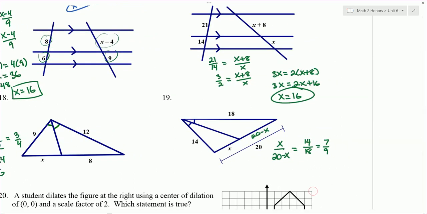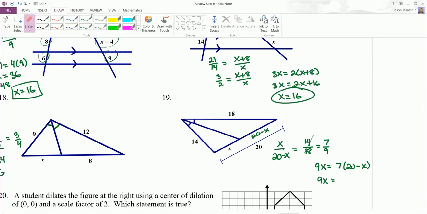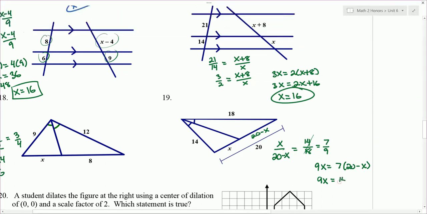And then kind of ignore the middle fraction and cross multiply. 9 times x is 7 times 20 minus x, or 9 times x is 7 times 20, which is 140, minus 7x.